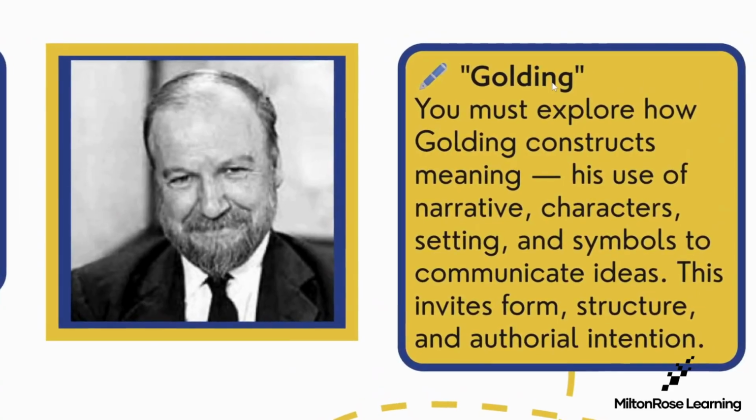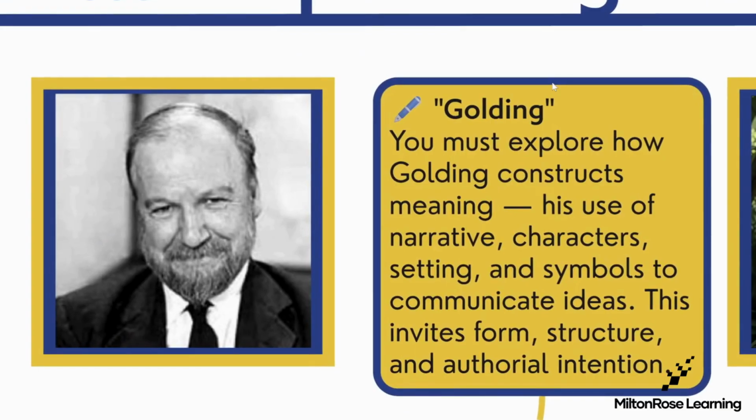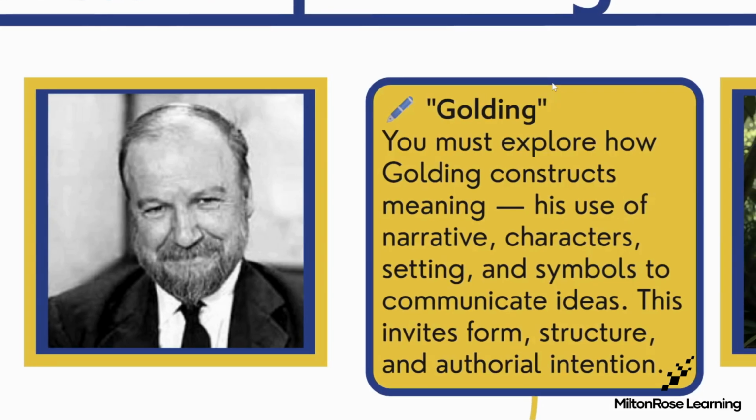Then we have the big man himself, Golding. Now Golding is actually in the question. So we must explore how Golding constructs meaning in this text. So his use of narrative, characterization, the dramatic setting of the tropical island.